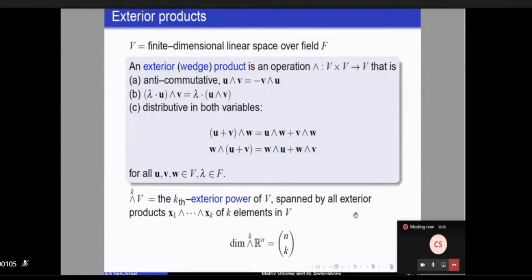Now the k-th exterior power of V, denoted wedge^k V, is simply the space of all exterior products of k elements from V, and in particular the dimension of wedge^k R^n is n choose k.